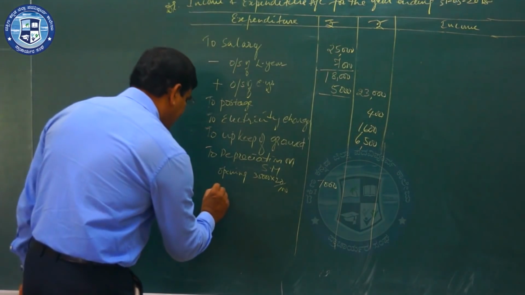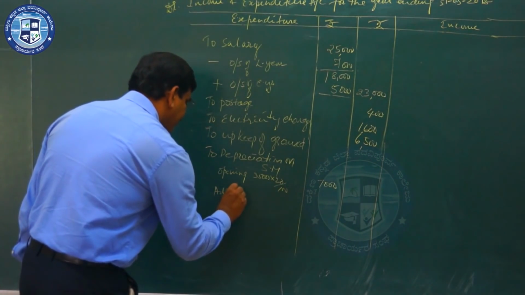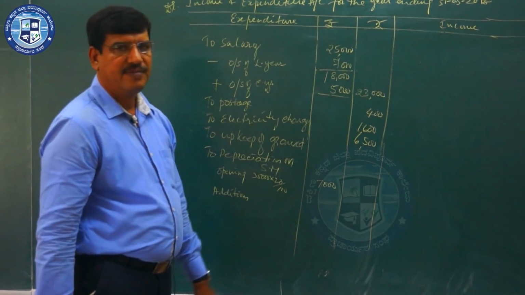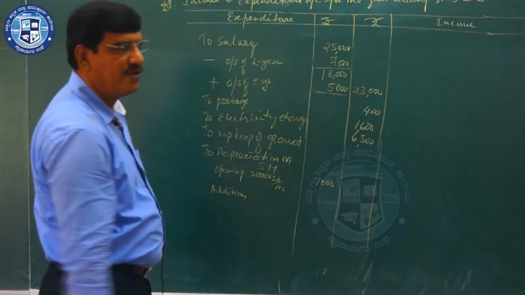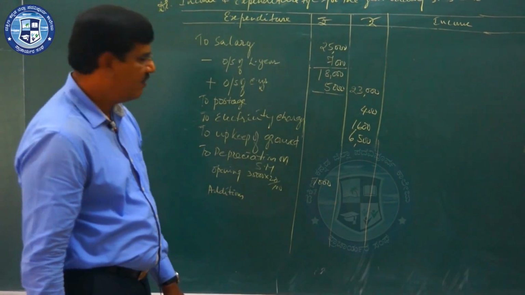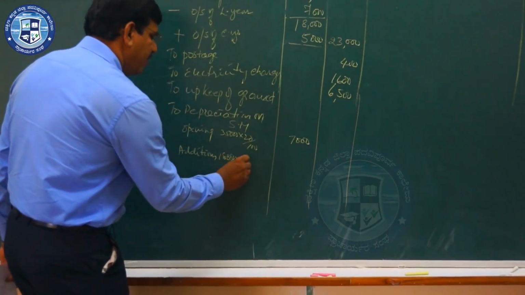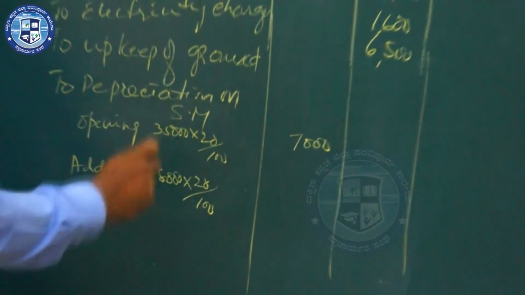And on additions or purchases, on the payment side, you see the amount of sports material with the date, it is given. So addition 18,000, again 20% on this addition.